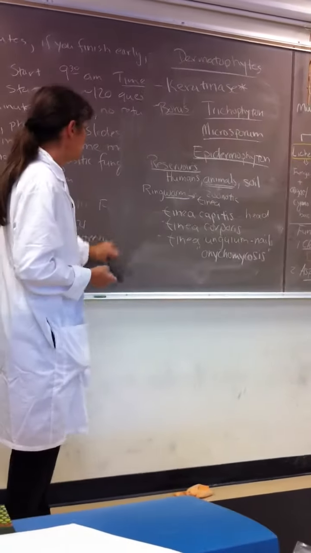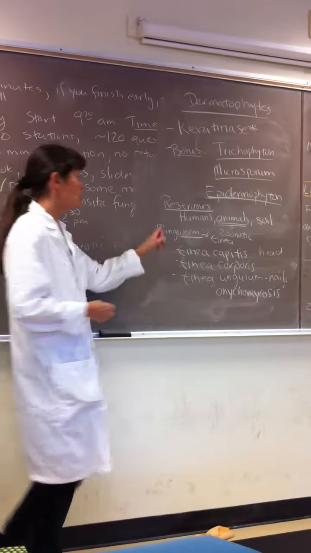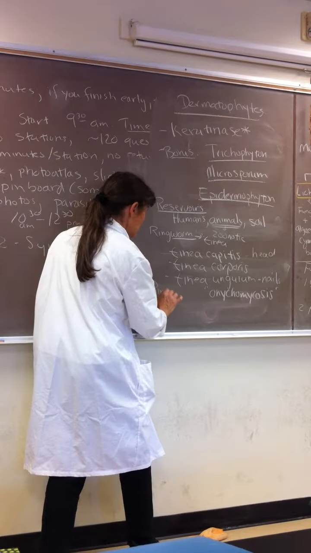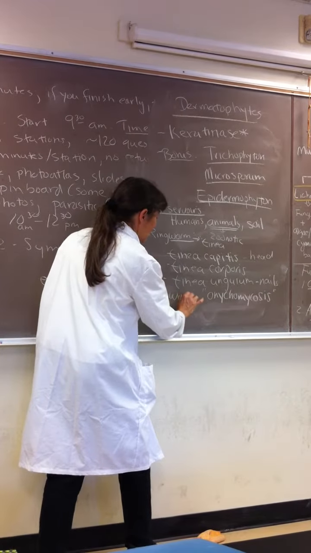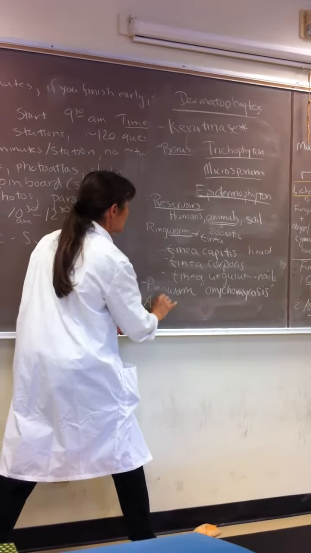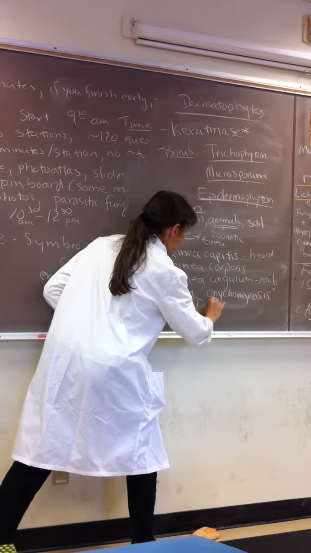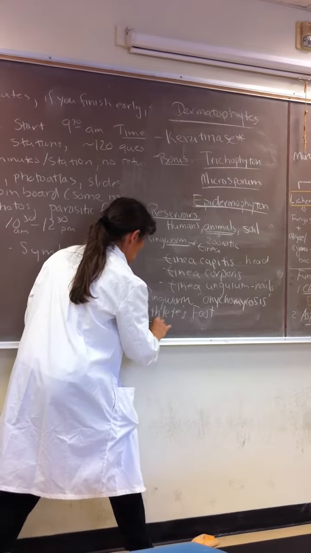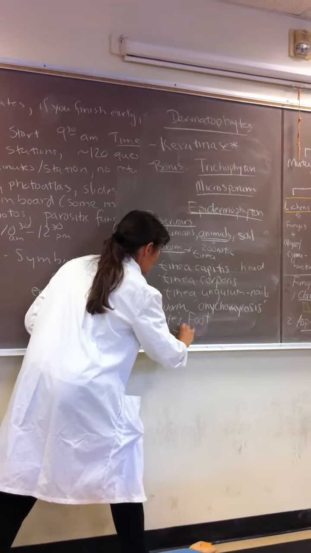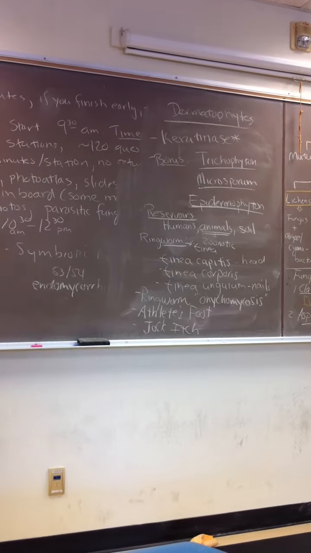But I would like you to be able to provide some common names for dermatophyte infections. You already gave me one, ringworm. Another one, maybe you have heard of, is athlete's foot. And as long as we're talking about athletes, what about jock itch? All of these are fungal infections, and a lot of them are really hard to get cleared up.